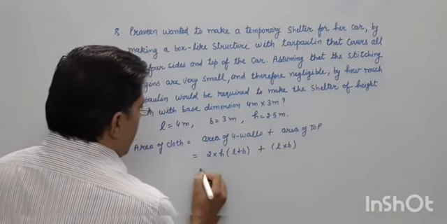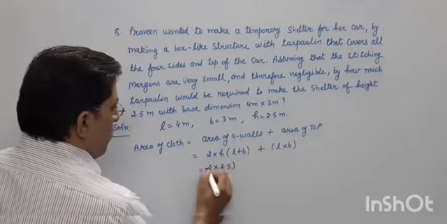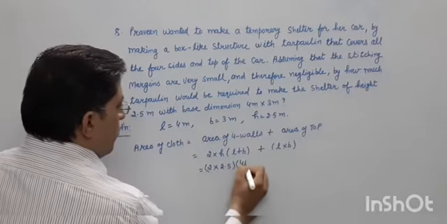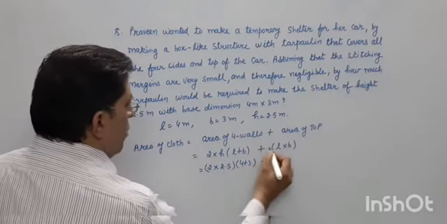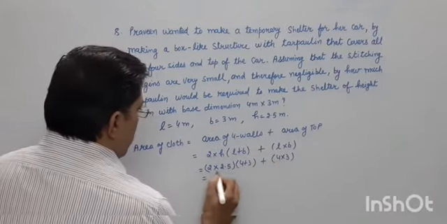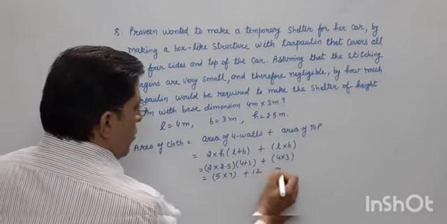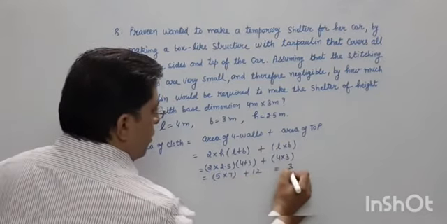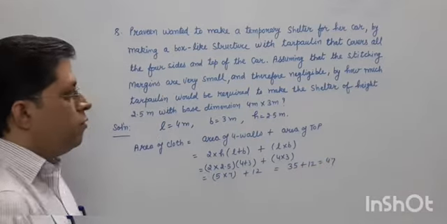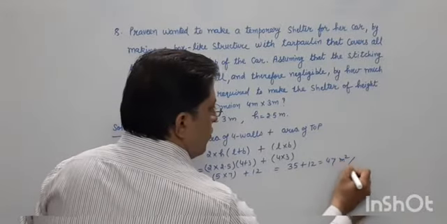L into B. Put values 2 into h. H is here 2.5. L plus B 4 plus 3. And here L into B 4 into 3. What is 5 into 7 plus 12? 7 5s are 35 plus 12. This is 47. 47 meter square. This is your answer.